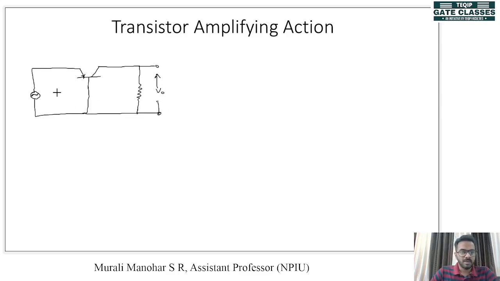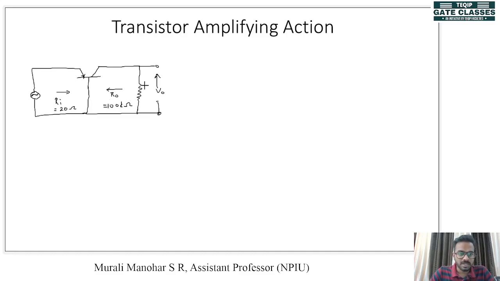Okay. When we look at the transistor from the input side, there is a resistance which is called input resistance Ri. When we look at the transistor from the output side, there is a resistance, and that resistance is called Ro. Let's say Ri is equal to 20 ohm and Ro is equal to 100 kilo ohm.